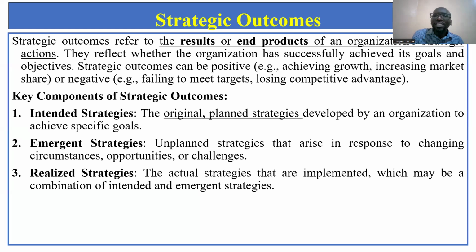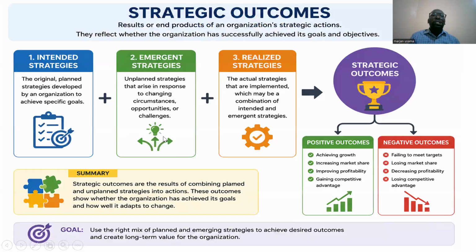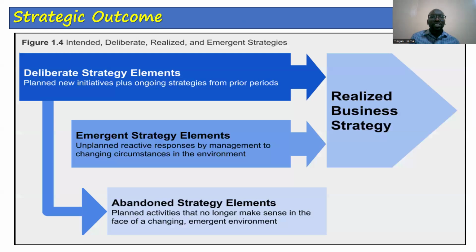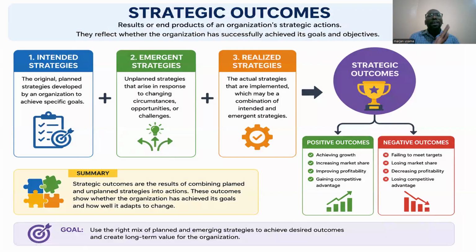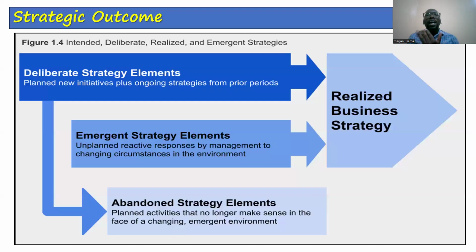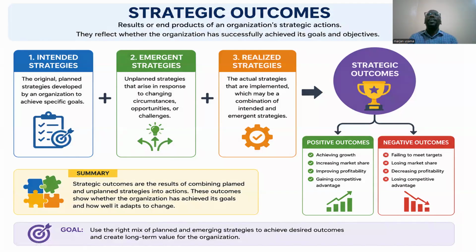These two strategies give us the realized strategies. So this is the meaning of those three things. So we have the intended strategies, we have the emergent strategies, and we have the what? We have the realized strategy.